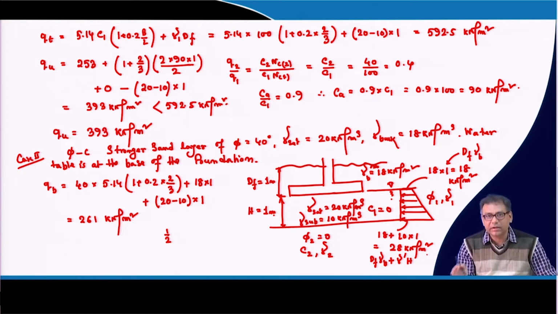I am just calculating the force, without considering Ka, only the overburden vertical force part, because you have to multiply with K to get the lateral earth pressure.